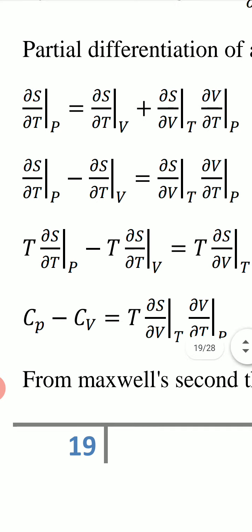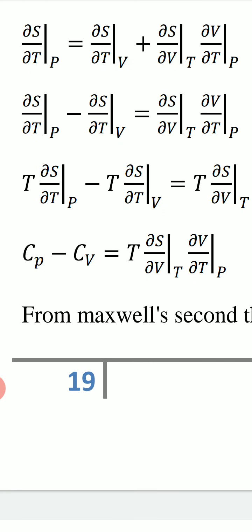The left hand side now becomes Cp minus Cv using equations 3 and 4, and now Cp minus Cv is equal to T delta S upon delta V at constant T into delta V upon delta T at constant P. But we have to eliminate S in the right hand side, and S appears in the first partial differentiation, delta S upon delta V at constant T.